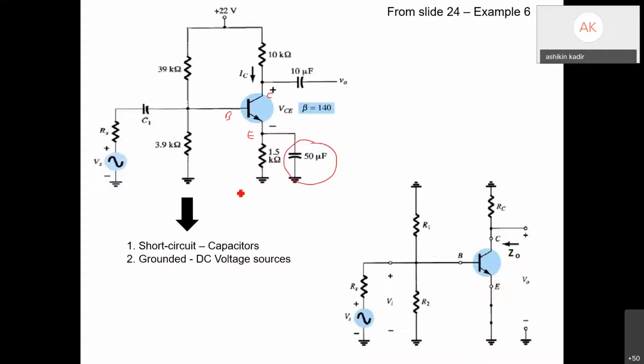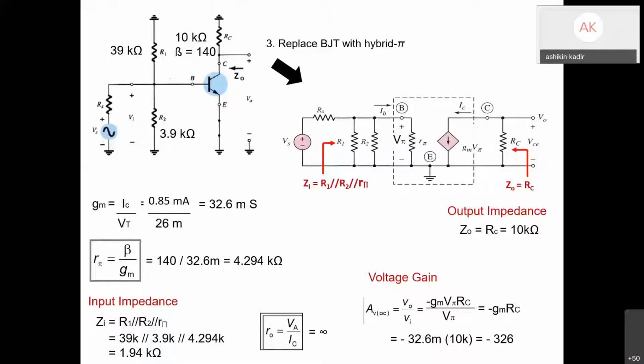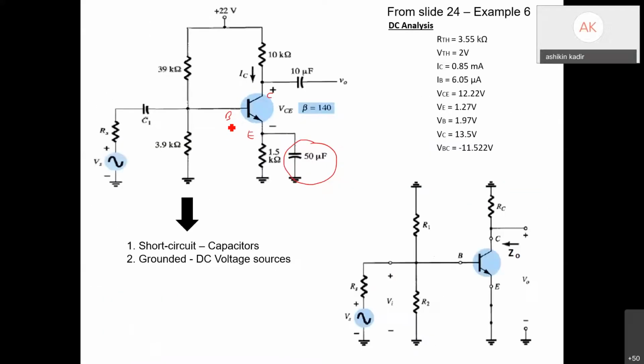So this is what happens during AC analysis. The capacitor is fully charged. When the capacitor is fully charged, it is a short circuit. That's why during AC analysis, your circuit is grounded from the emitter terminal to the ground, because the capacitor here is fully charged.